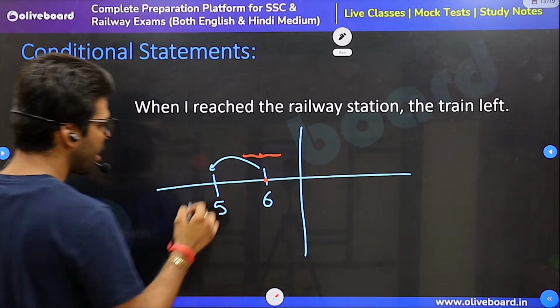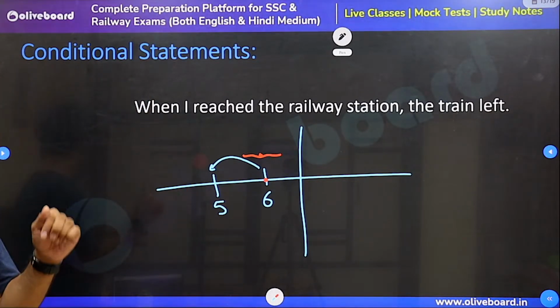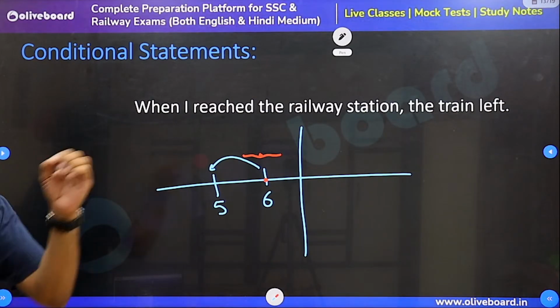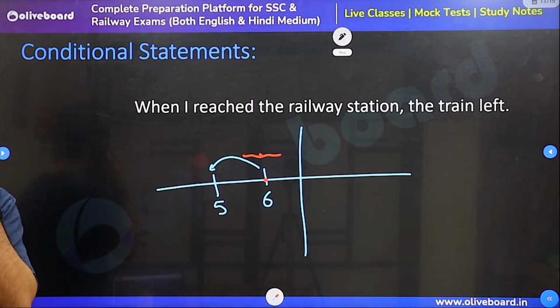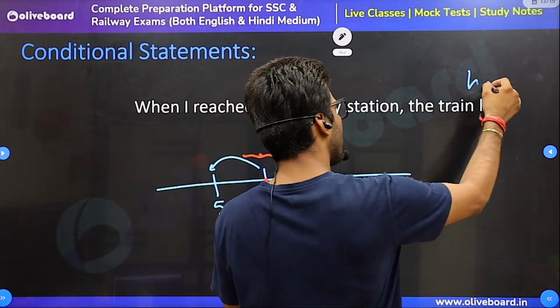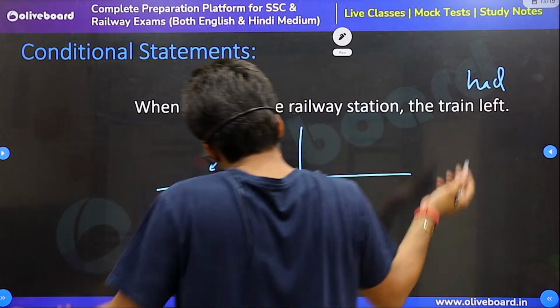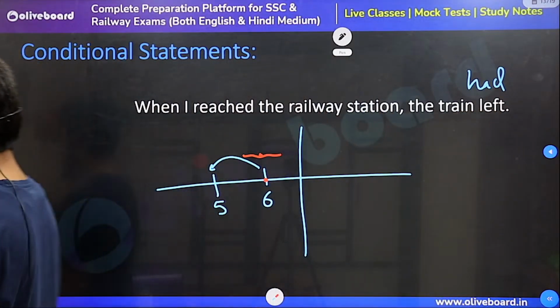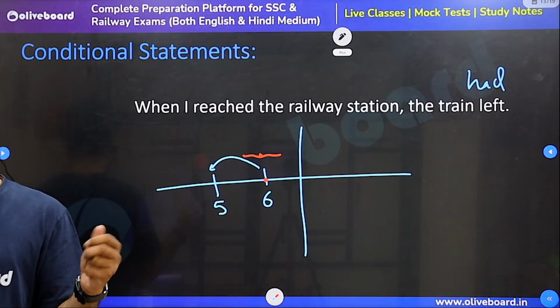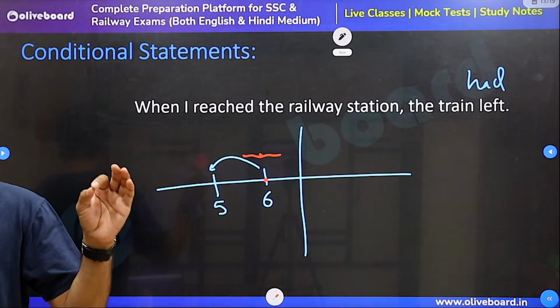Say I reached the railway station at 6 in the morning, but the train, in your native tongue, naturally, what would you say? When I reached the railway station, the train had left. In Hindi, if I say, जब तक मैं स्टेशन पहुंच पाता, ट्रेन जा चुकी थी.